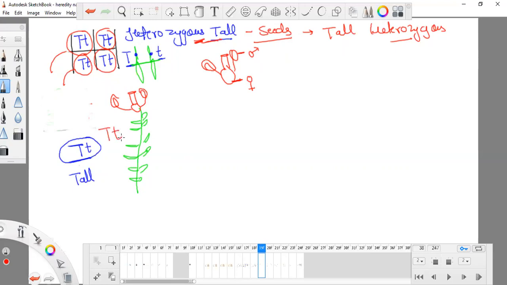But we know that a gamete has to be half, so the father has this information and the mother also has this information. Why? Because they developed from the same plant. But when they form gametes, they have to be half. So I'm going to cross this and write it. There is a mother and there is a father.